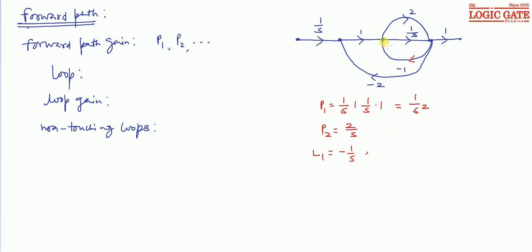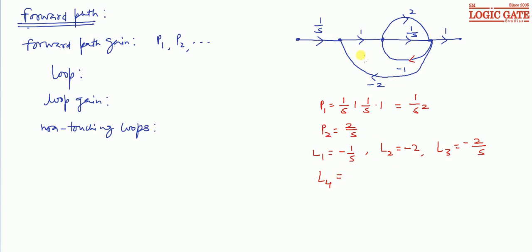One more loop is there, that is 2 and minus 1. So loop gain is minus 2. Another loop is 1 by s and minus 2. Its gain is minus 2 by s.